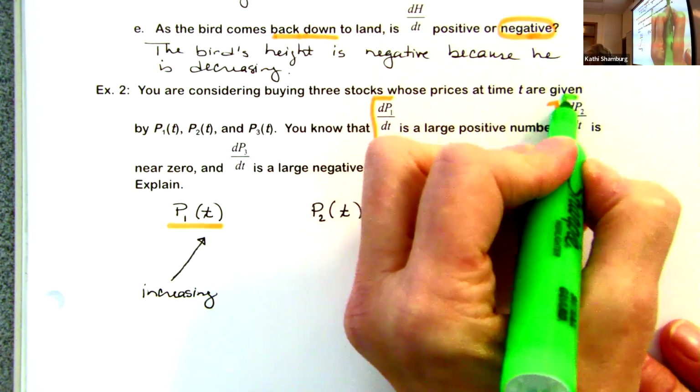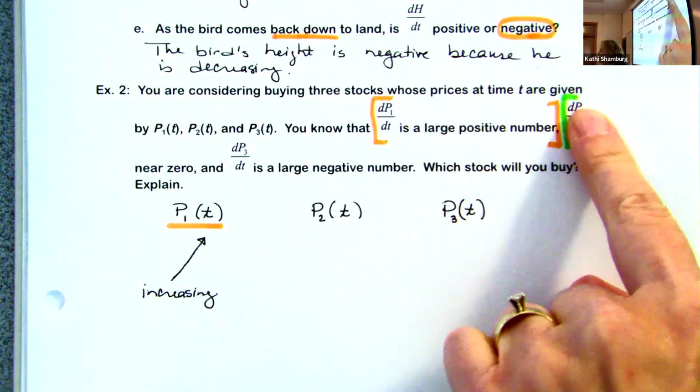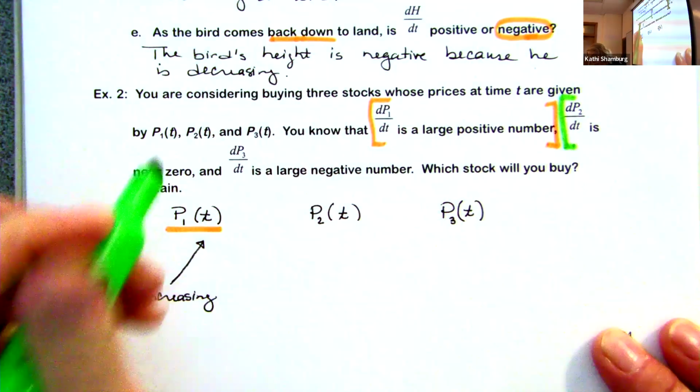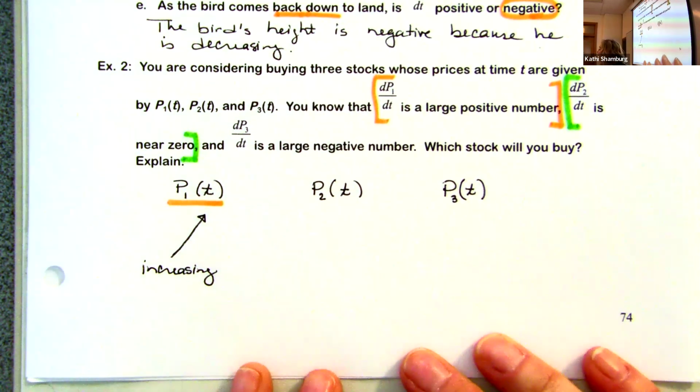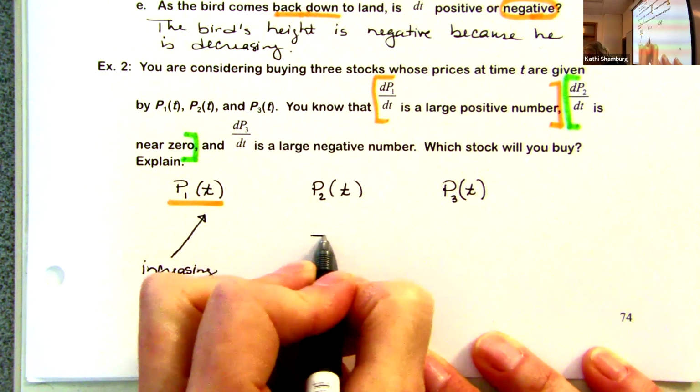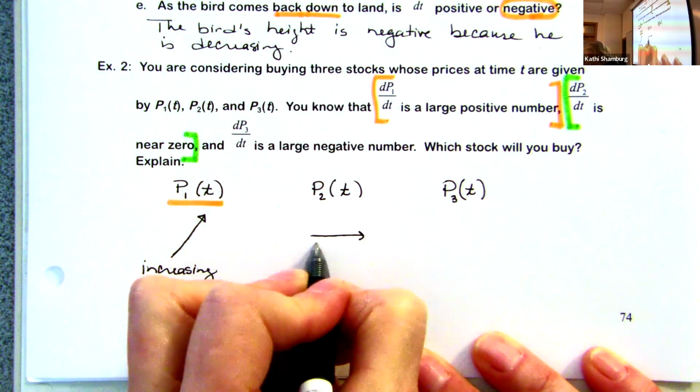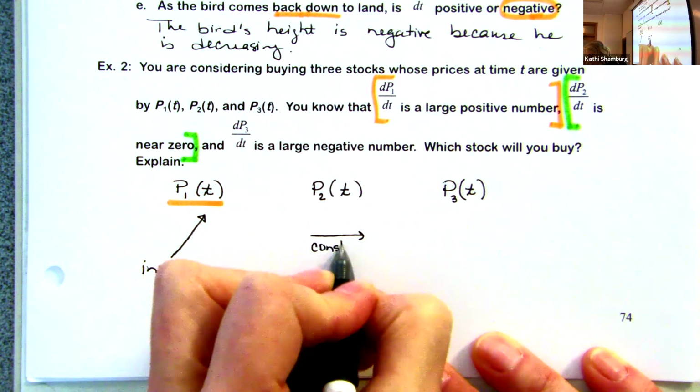Then the second stock, so the change in my money over time is near 0. Well, what type of line would represent that? A horizontal, because my money is remaining what? Constant.